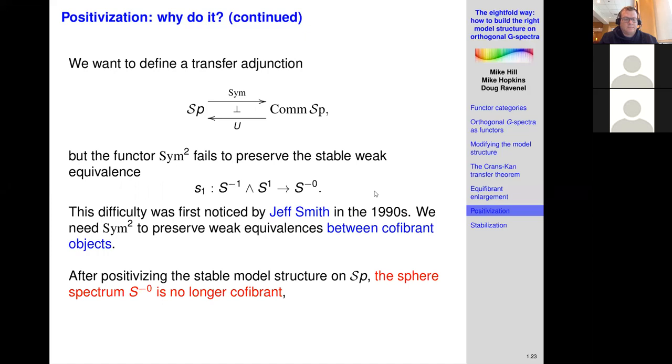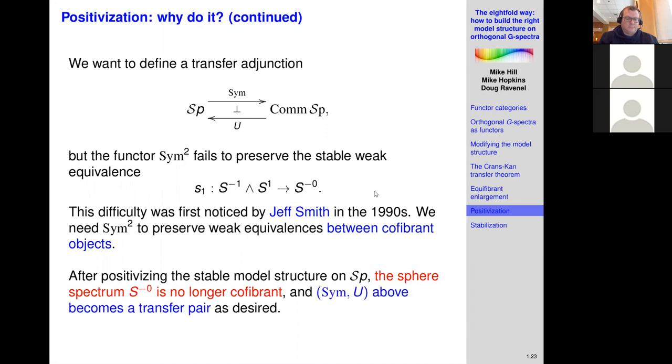And when we do that, the sphere spectrum is no longer a cofibrant object, which means we don't need the symmetric functor to convert this map to a stable equivalence, because it's not a map between cofibrant objects anymore.